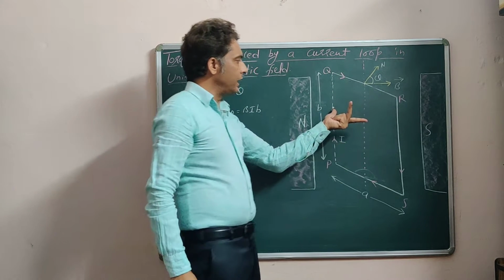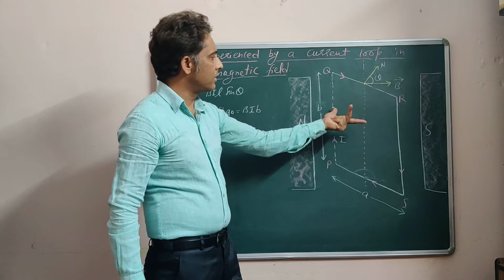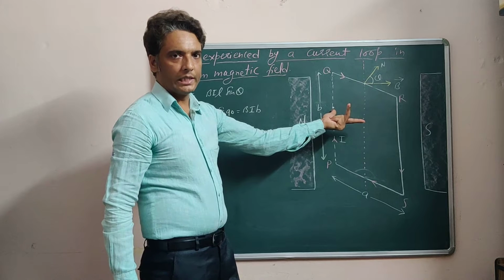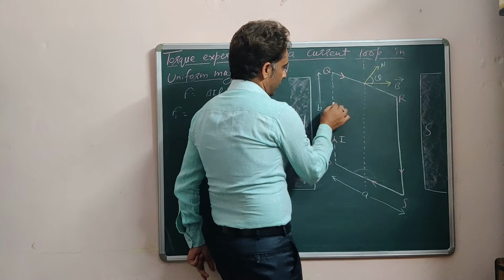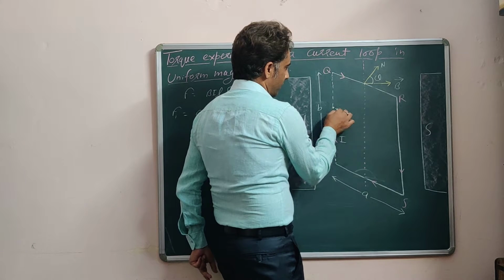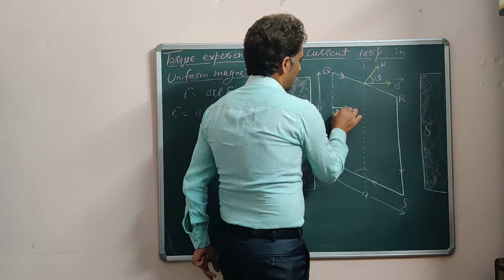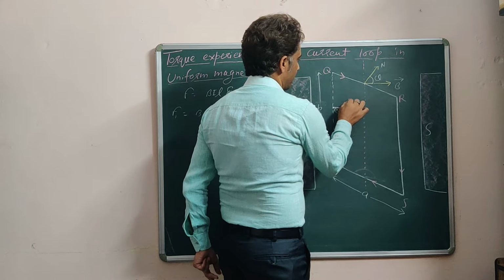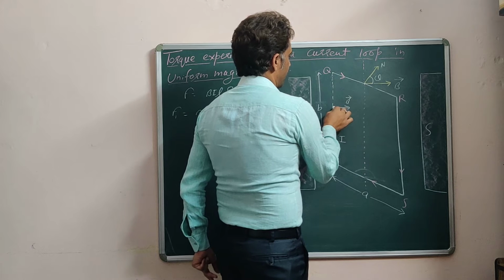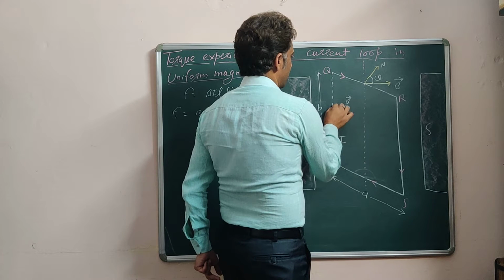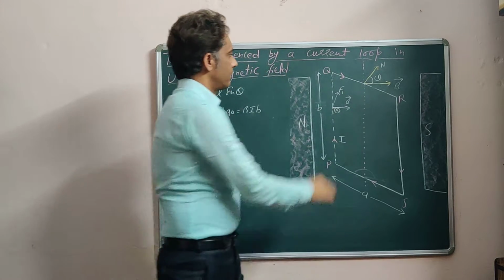So the thumb is directed inward, which means the direction of force on this portion PQ is inward. Let this be the magnetic field, and let me represent this force as F1.